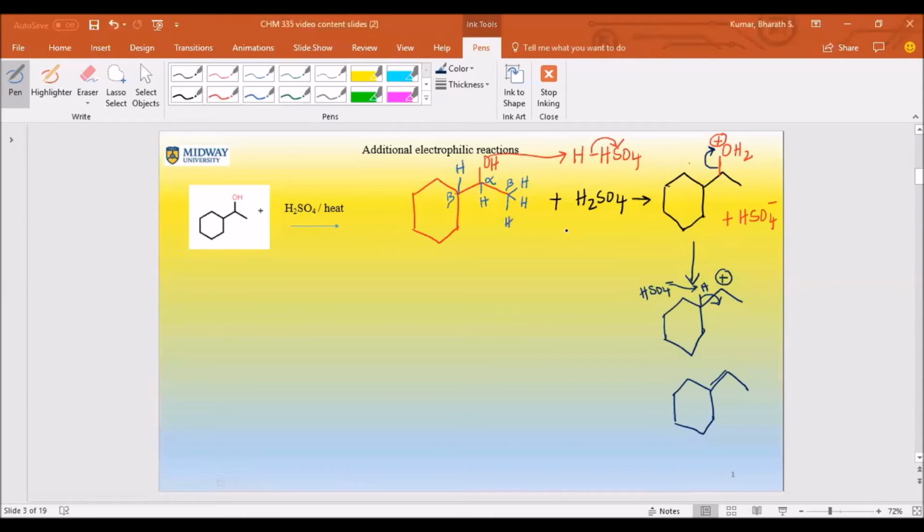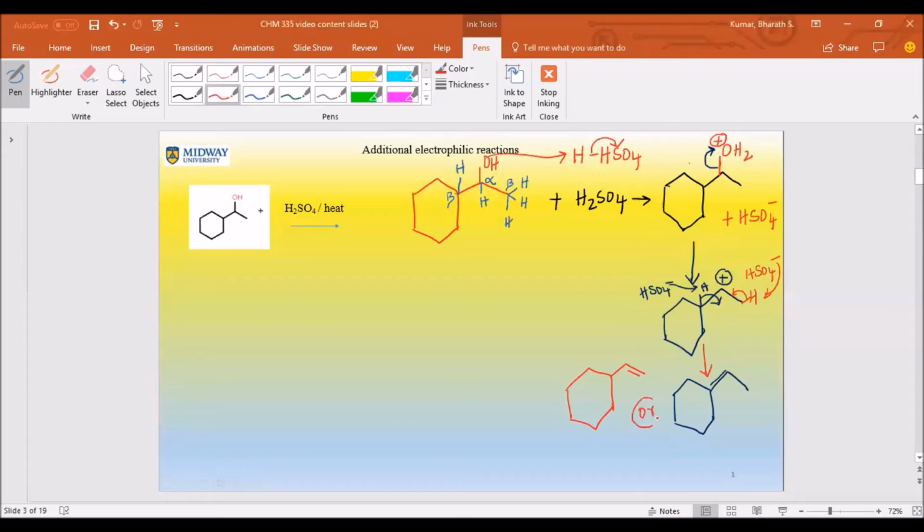Let's say if you chose to remove this beta hydrogen, which is this hydrogen, okay, I'm going to write that in a different color. So this would have been the product if you had done this, okay? Let's say if you chose to remove this hydrogen, which is this, then this bond would have come here and neutralized the positive charge, which in that case would have given you this as a product.